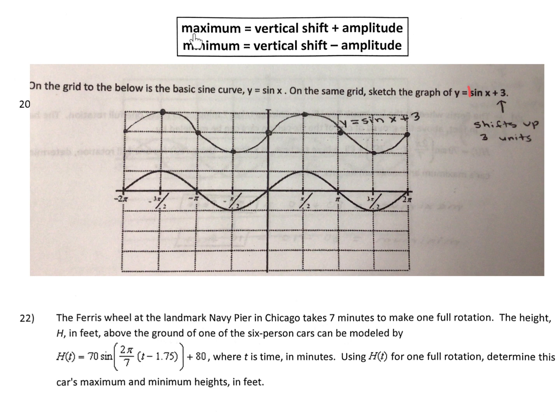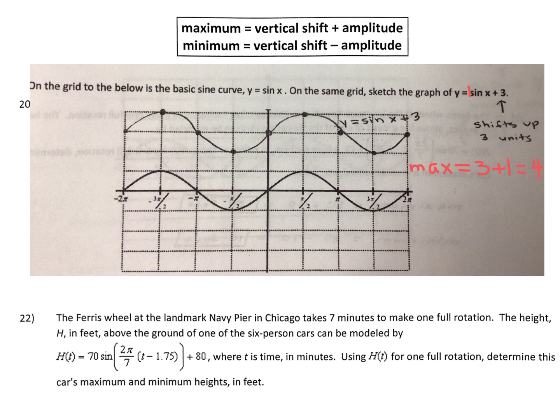So if we wanted to find the maximum, wouldn't the maximum be equal to the vertical shift, which we said is 3, plus the amplitude, which we know is 1. So our max would be 3 plus 1, which is 4. Now let's look at this graph. If we look at the maximum height, isn't it at a height of 1, 2, 3, 4, right here and right here? So that works out.